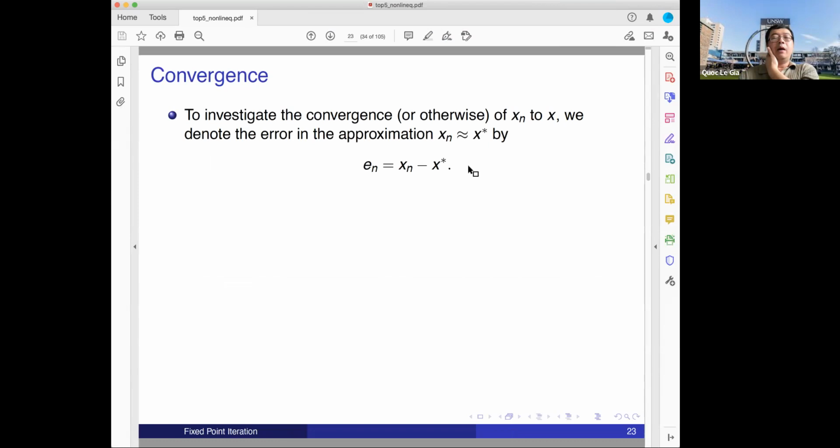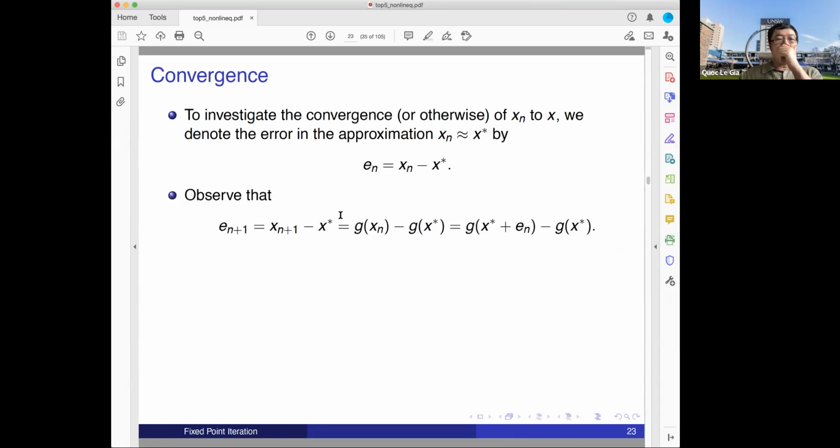Suppose I define the error to be the difference between the approximation xn and the solution x star. Then what is my en plus 1? en plus 1 is just xn plus 1 minus x star, right?